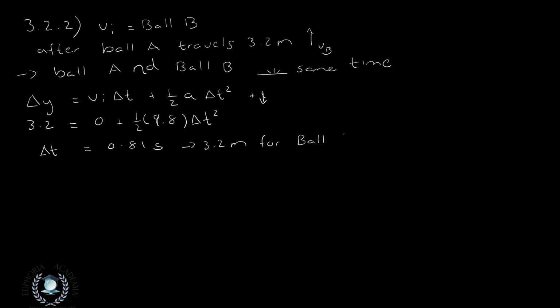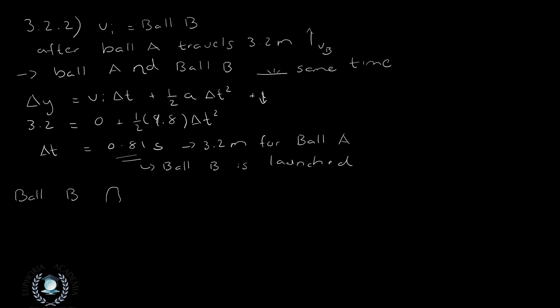All right, now at this time we know that ball B is launched. Now the motion for ball B is going to be like a parabola. It's going to go up, reach its maximum height, then hit the ground.